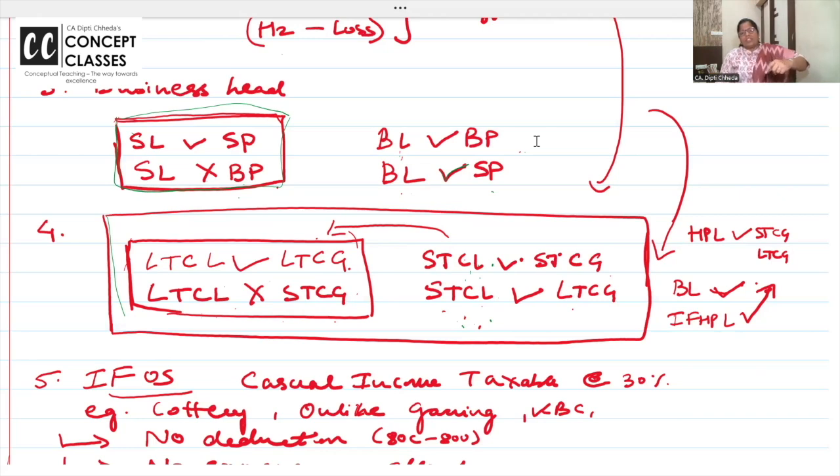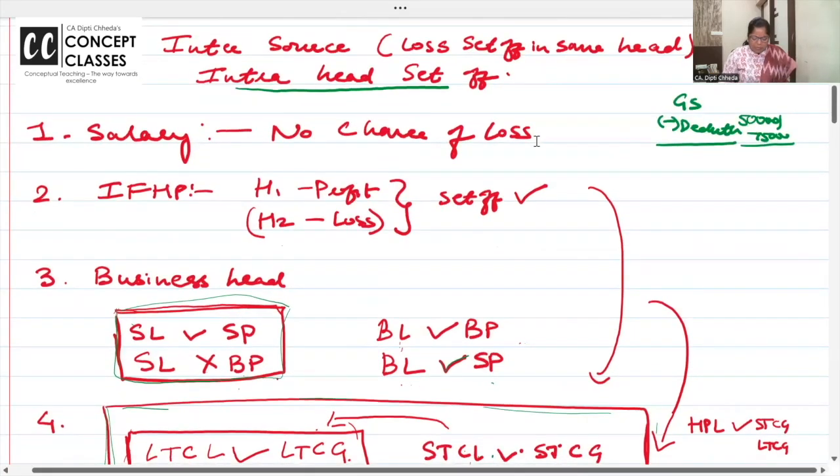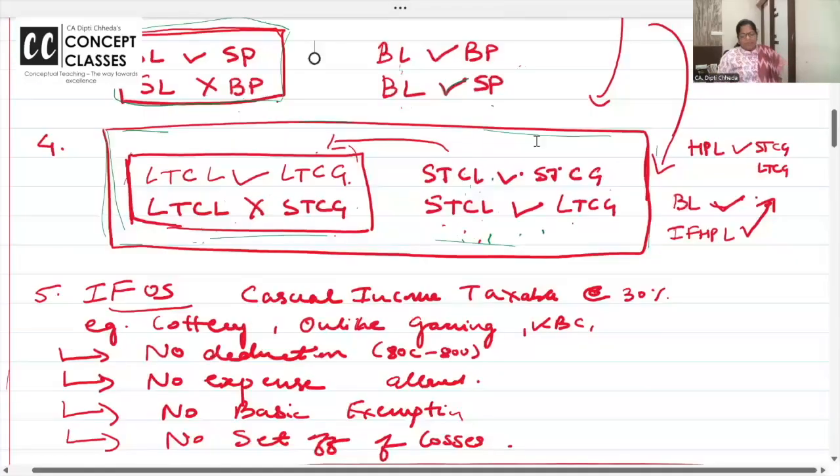Short-term capital loss, can it climb and go to the elder brother on the first floor, long-term capital gain? Yes. So did you observe one thing? Short-term capital loss is a little flexible, but long-term capital loss is rigid, and ultimately they both are rigid. In short, capital gain loss cannot be set off with salary, house property, business, and other sources.